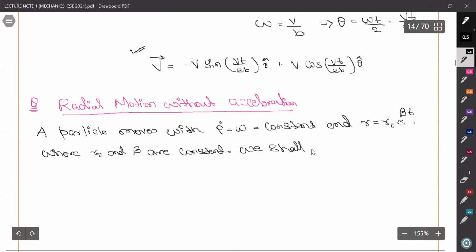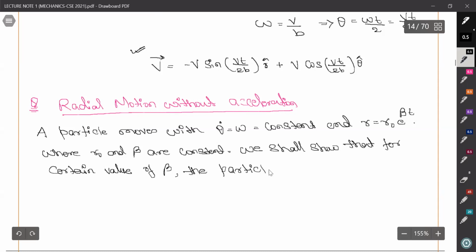We shall show that for a certain value of beta, the particle moves with a_r equal to 0. That is, the radial acceleration is 0.